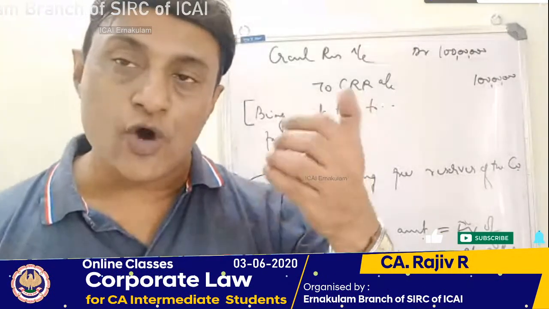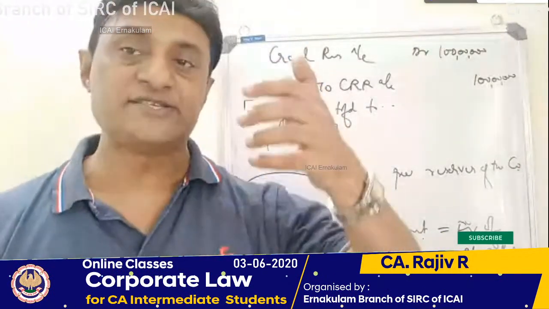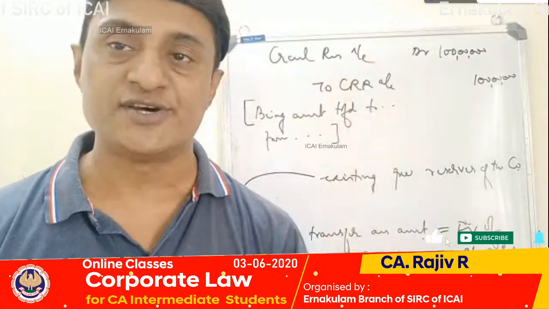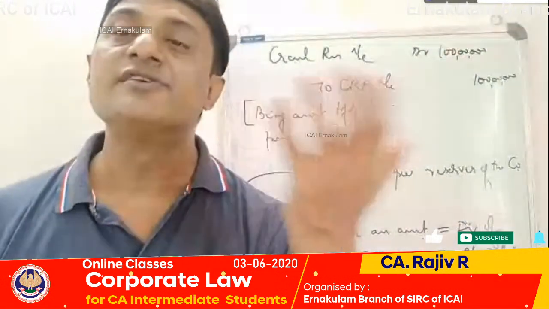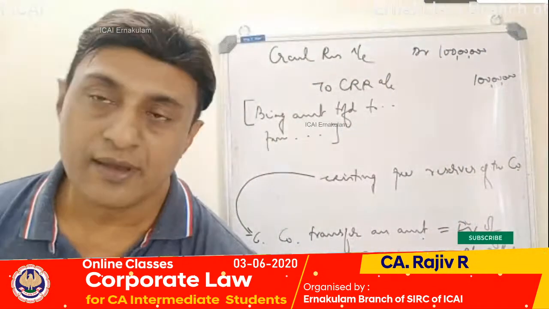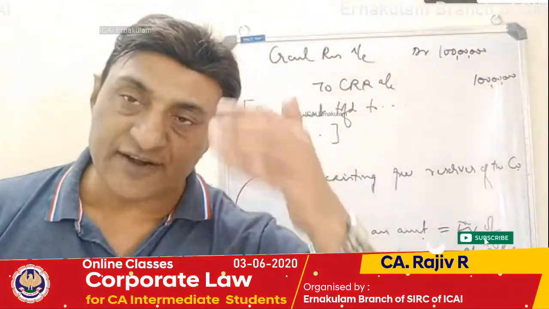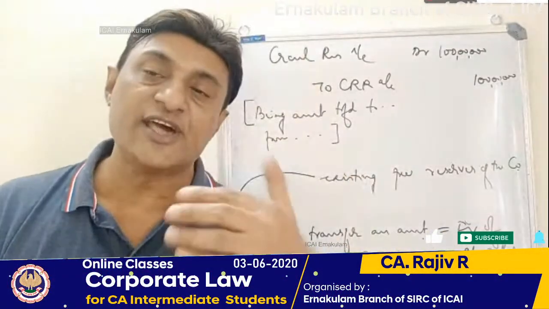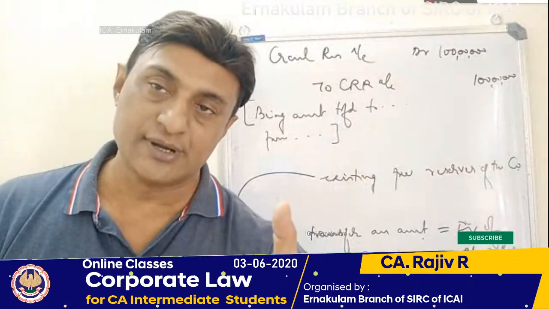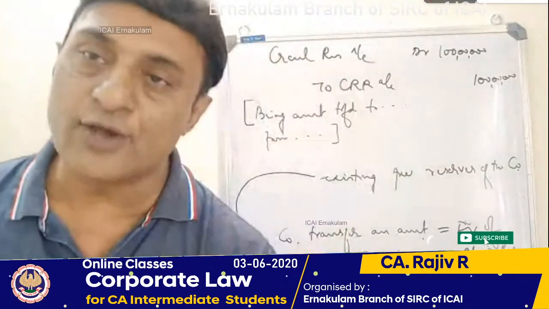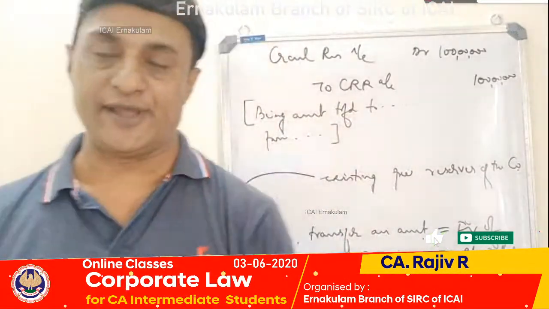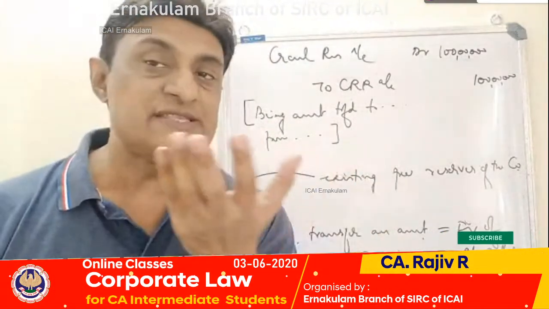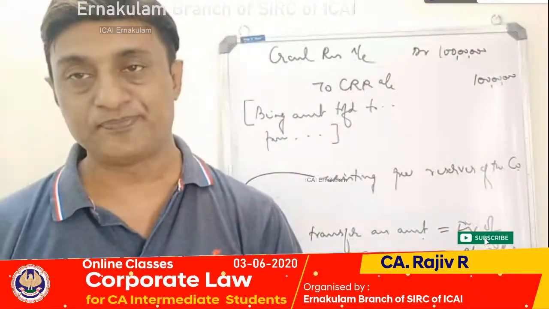When you record a business transaction and the debit side is a bank or cash account, you don't call it a journal entry. You call it a receipt entry. Similarly, if the credit leg of the transaction is bank or cash, then we call it a payment entry. So strictly speaking, receipt entries and payment entries are not journal entries.